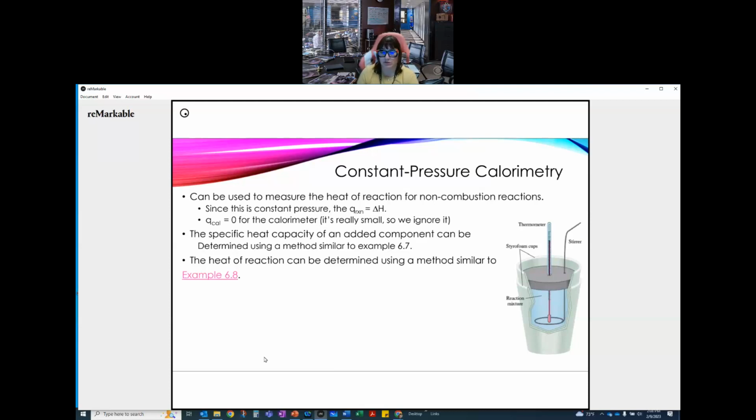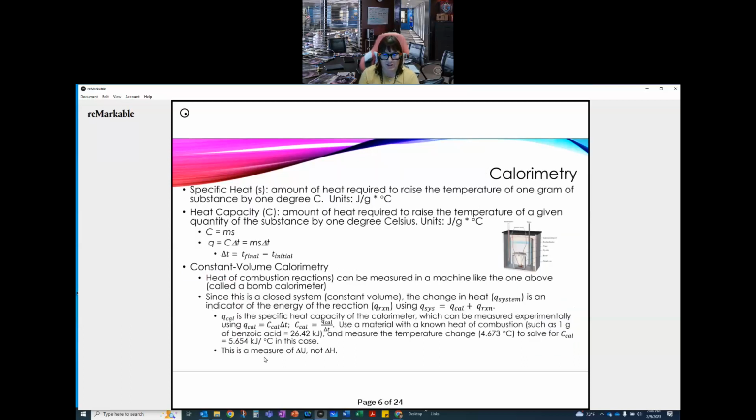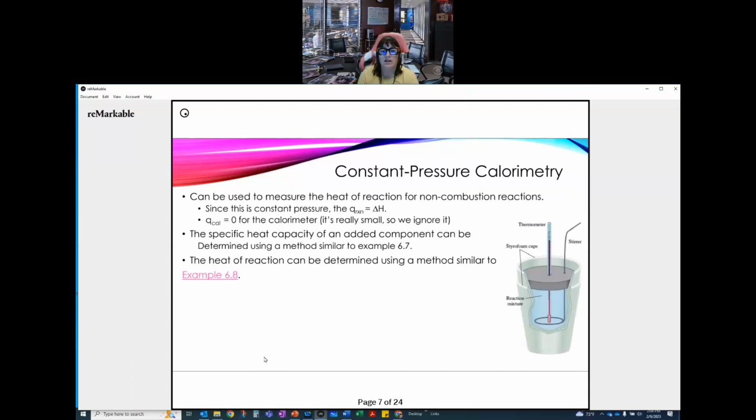Since there is constant pressure, the Q reaction equals delta H. Remember, in the combustion case it did not, because when we do combustion, we generate gases that weren't present initially. So that can't be just from the heat. There's work involved there, and therefore we have to look at that. But if we're talking about constant pressure, then that Q reaction equals delta H.